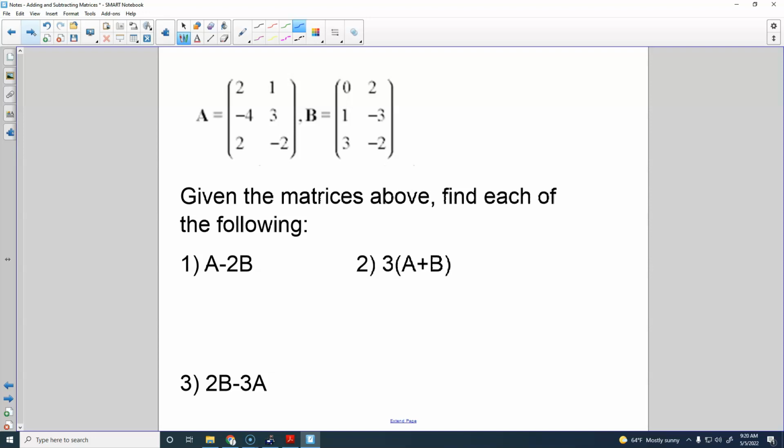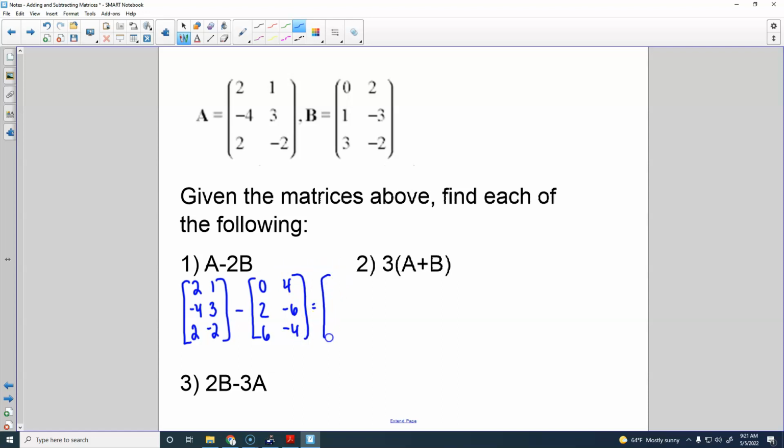Okay, sometimes you may be given expressions like this. So I've been given these two matrices, A and B. Find each of the following. So A minus 2B means I would be taking A, which is 2, 1, negative 4, 3, 2, negative 2, and subtracting 2 times B. So I'm going to go ahead and multiply B by 2, so I'll have 0, 4, 2, negative 6, 6, and negative 4.